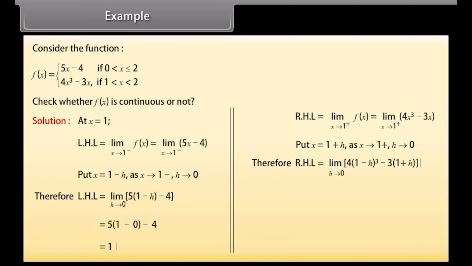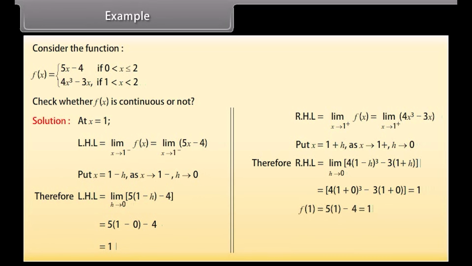Therefore, right-hand limit is equal to limit h approaches 0 of 4 into 1 plus h cube minus 3 into 1 plus h, is equal to 4 into 1 plus 0 cube minus 3 into 1 plus 0, is equal to 1.